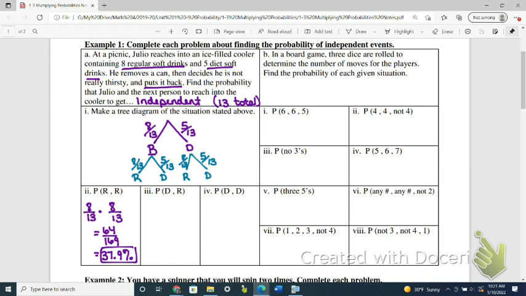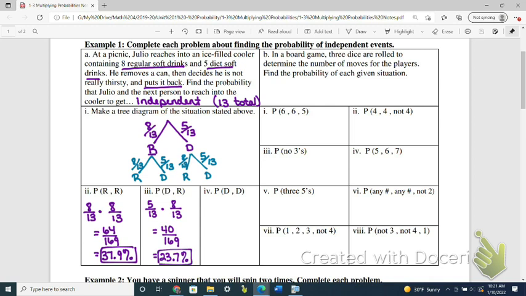Number 3, the probability of pulling a diet then a regular. So the probability of pulling diet is 5 out of 13. Regular is 8 out of 13. So I multiply, I get 40 over 169, which is 23.7%.